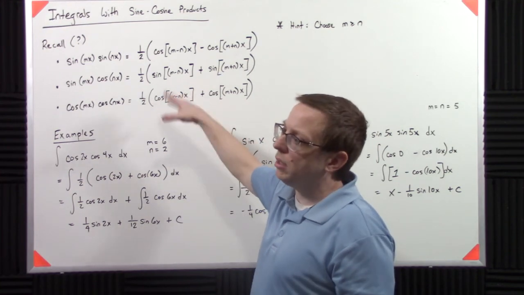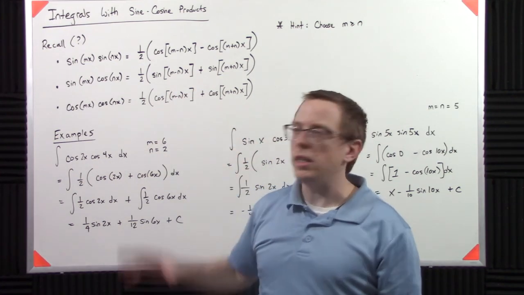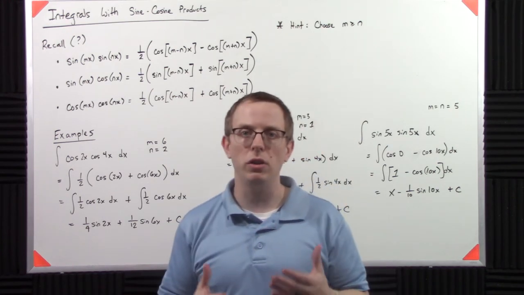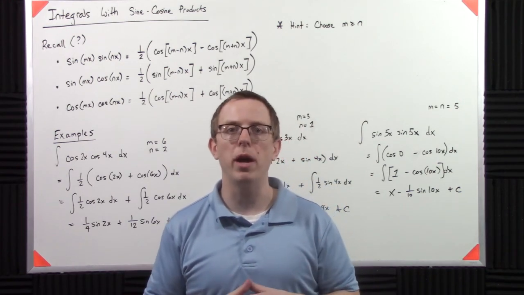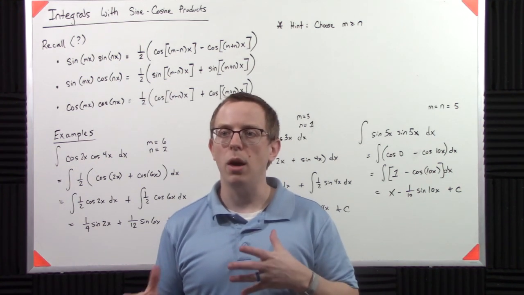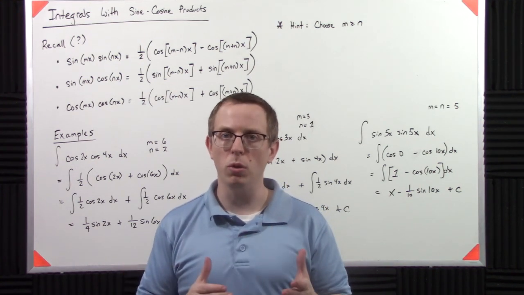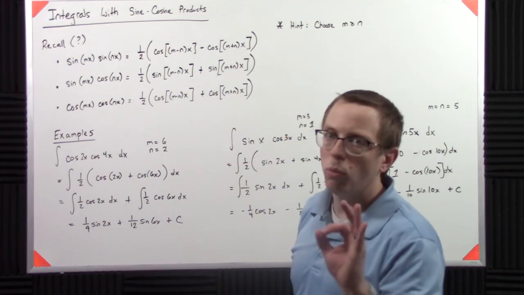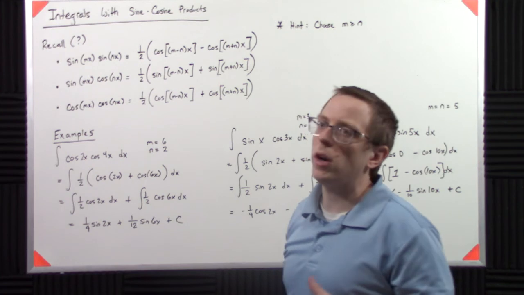I could go through all that, but ultimately this is more of a reference thing. You don't necessarily need to memorize it, depending on your background, but it's helpful to at least be familiar with these concepts. Now, let's put them into play. One thing I was going to say: this hint here, choose m greater than or equal to n.